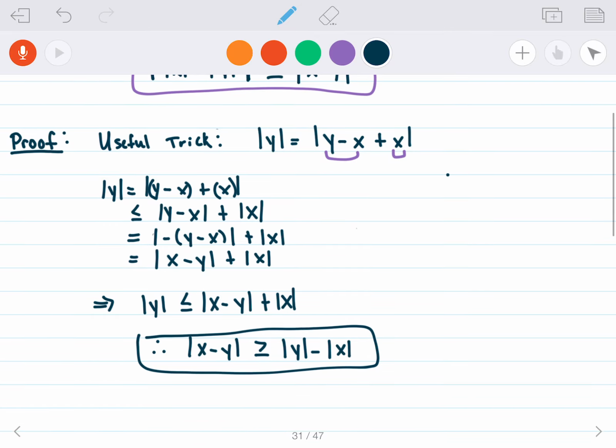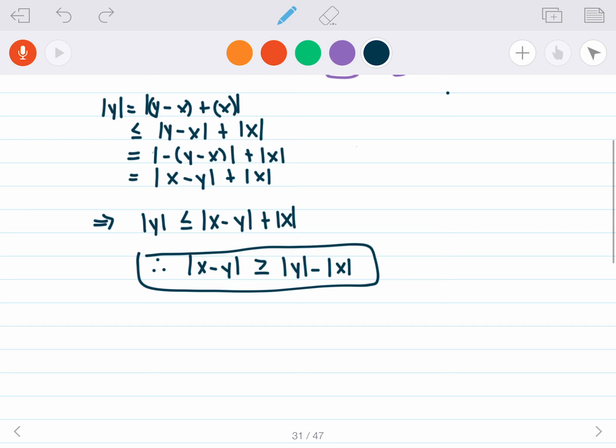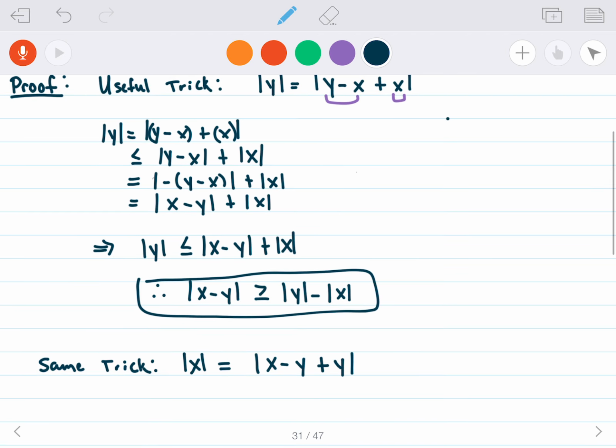Okay, similarly, we can do the same trick with the absolute value of x. We have that the absolute value of x, because we're trying to split it off into two terms so that we can use the triangle inequality, is the same thing as abs x minus y plus y. And by the triangle inequality, and actually I should have put this up here, I'm just going to add it there, triangle inequality, that's true.